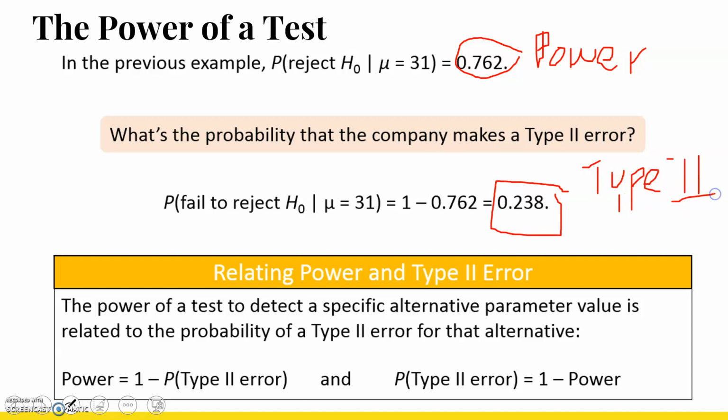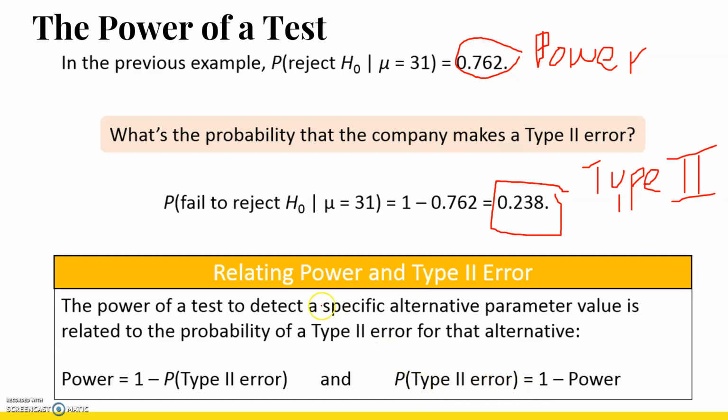So what I wanted to illustrate here was that power and type 2 error are complements of one another. So if you have the probability of a type 2 error, all you need to do is subtract it from 1 to get power. And if you have power, you can subtract it from 1 to get the probability of a type 2 error.